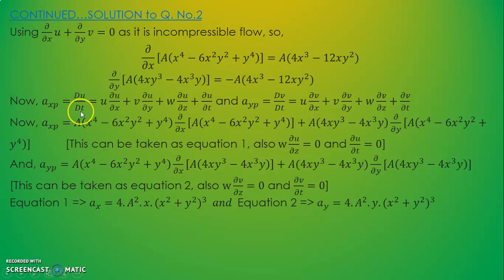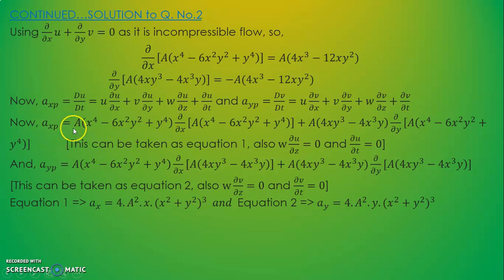So now acceleration, capital D by Dt of u, is equal to u into del u del x plus v into del u del y plus w into del z of u plus del t of u, and acceleration in the y direction, capital D by Dt of v, is equal to u into del x of v plus v into del y of v plus w into del z of v plus del t of v.